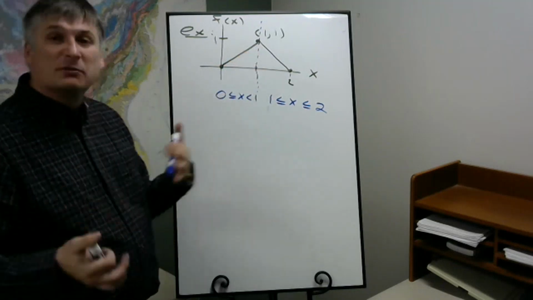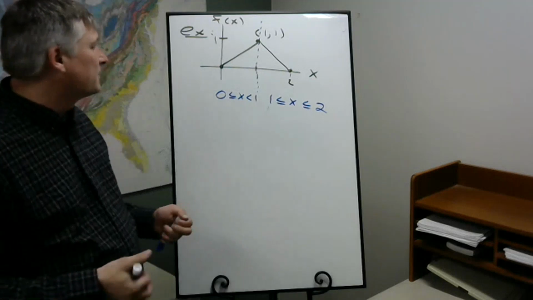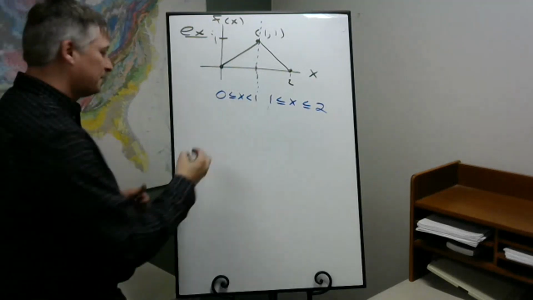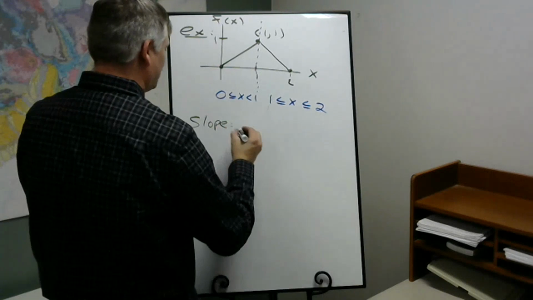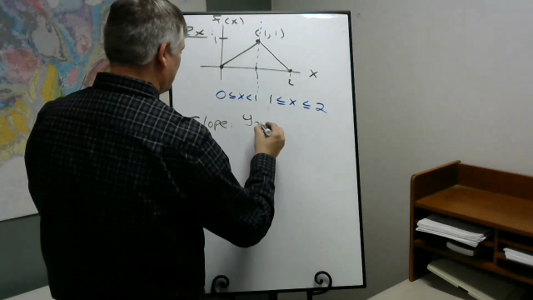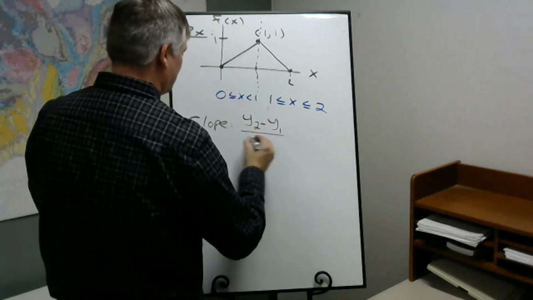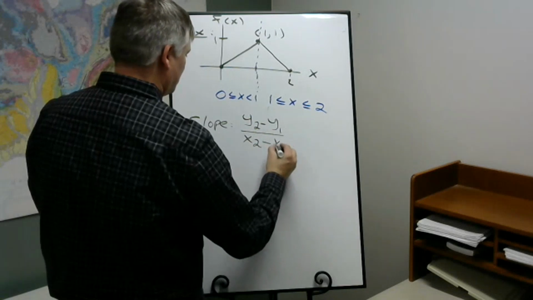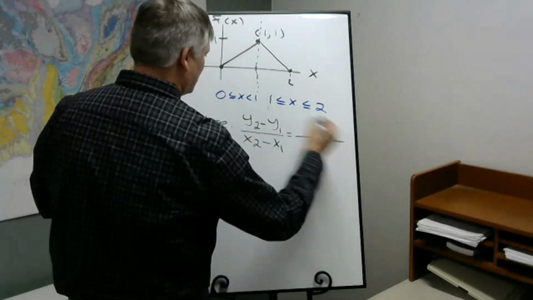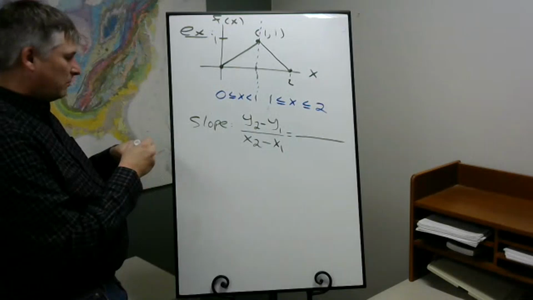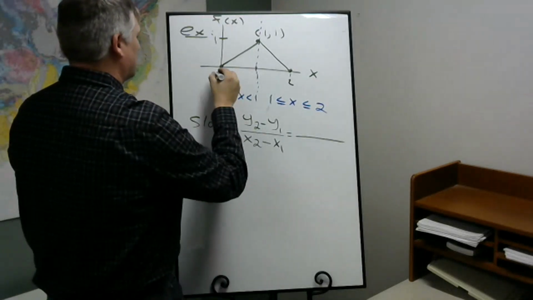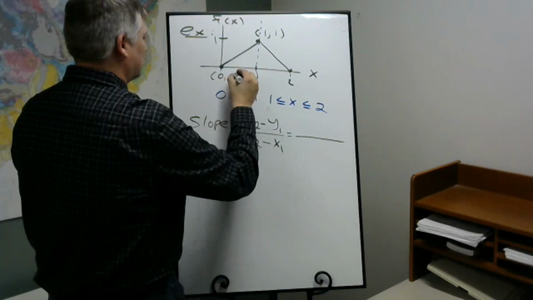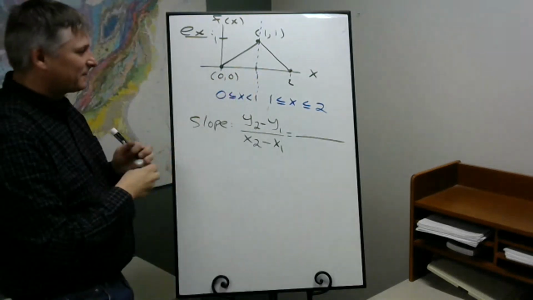And you can use different formulas to figure this out. For example, to figure the slope of this, well, what we can do, call that 0, 0.